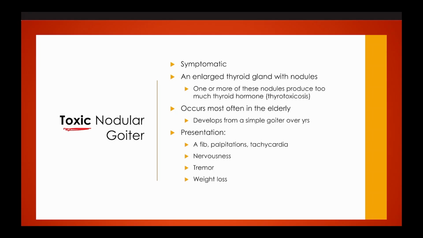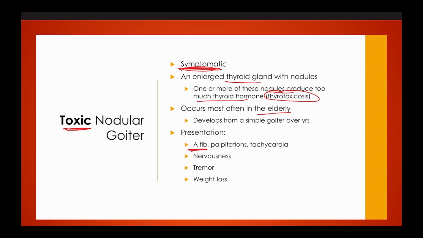So now, we are dealing with toxic nodular goiter. These are symptomatic, so they are painful. Enlarged thyroid gland with nodules. One or more of these nodules produce too much thyroid hormone. That's called, again, our thyrotoxicosis. Too much thyroid hormone being put out there. Most commonly in the elderly.